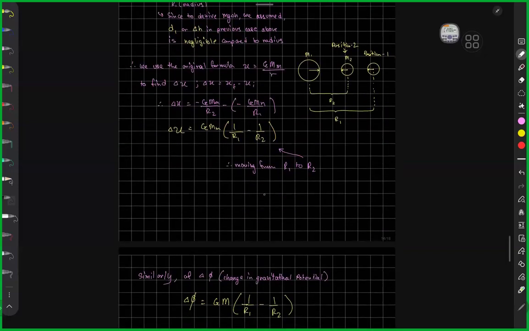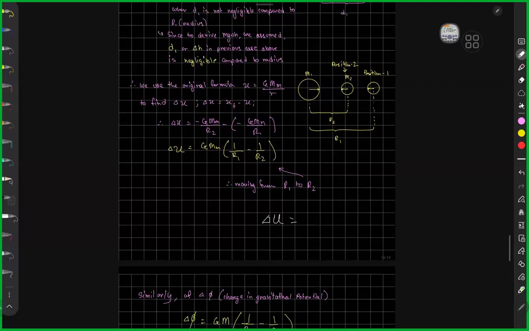It is simply whatever the final position is minus the initial position. So it's going from position 1 to position 2.